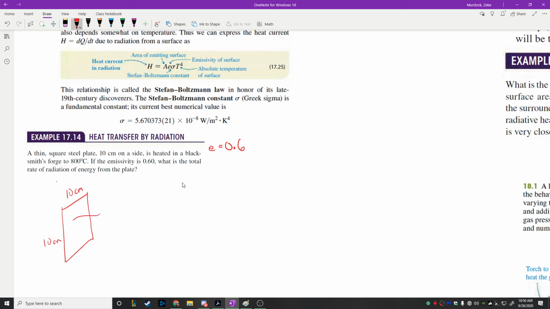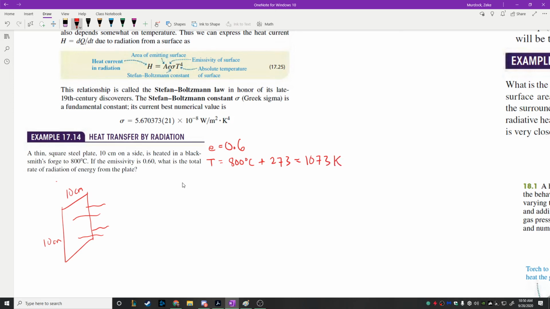Okay, so this object is emitting heat. We know its temperature is 800 degrees, but we need to add 273 to that, so its actual temperature is going to be 1073 Kelvin.